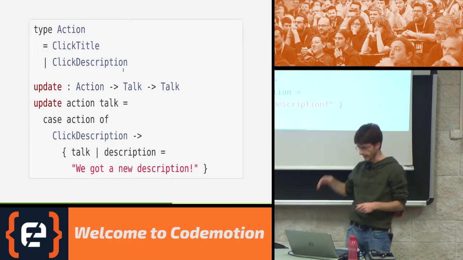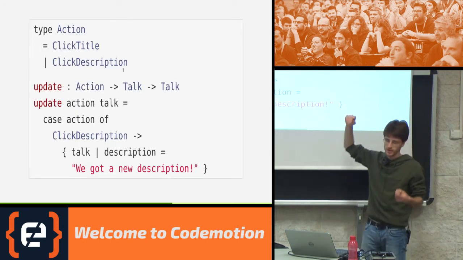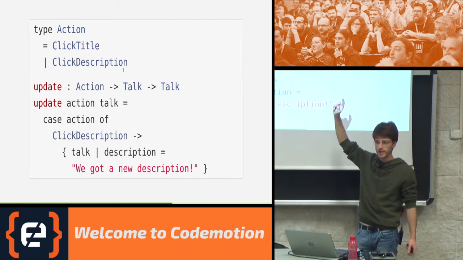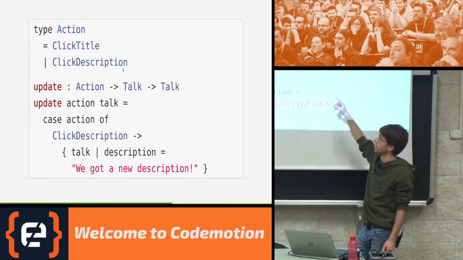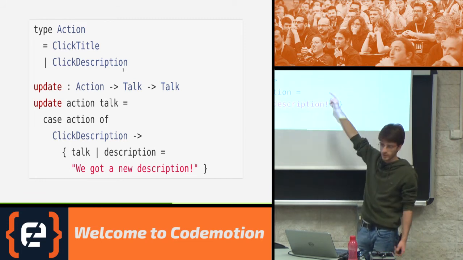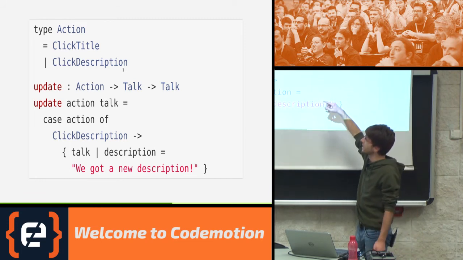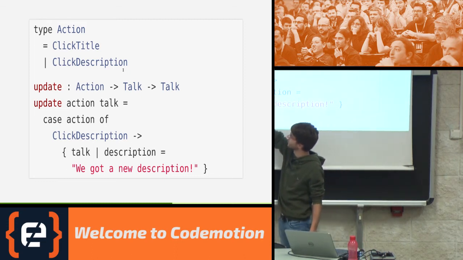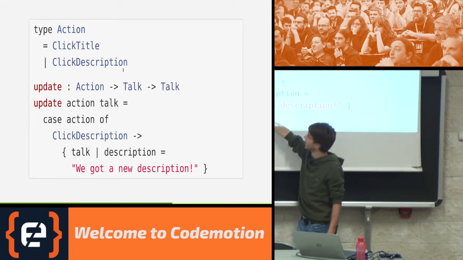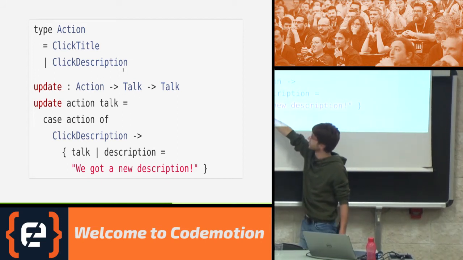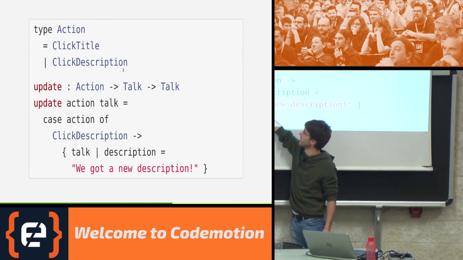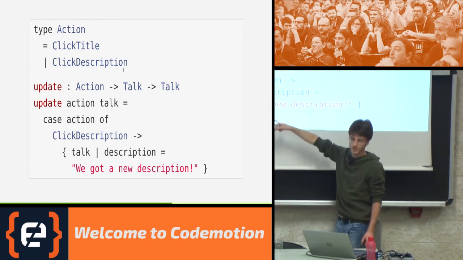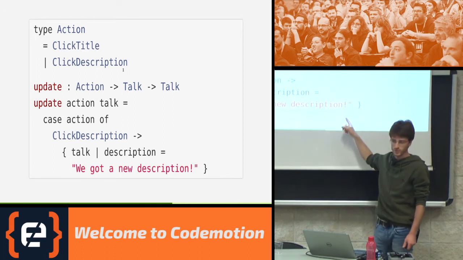If you want to look at the actual implementation, in my simple example I have two actions: one for tracking the click on the title, one for tracking the click on the description of the talk. Whenever I receive an action, for example of type click description, I go and update the model, the talk, telling it: your new description is this new description.